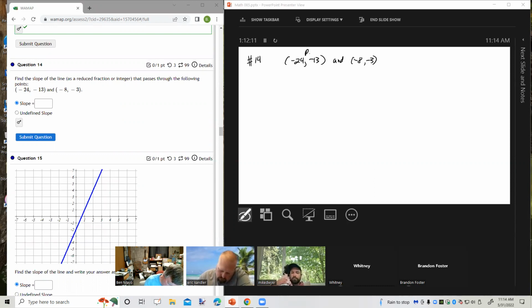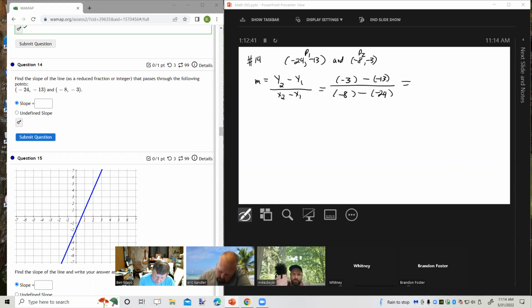I'm going to call the first one point 1 and the second one point 2. The slope formula is y sub 2 minus y sub 1 over x sub 2 minus x sub 1. Y sub 2 is -3, y sub 1 is -13. X sub 2 is -8, and x sub 1 is -24.